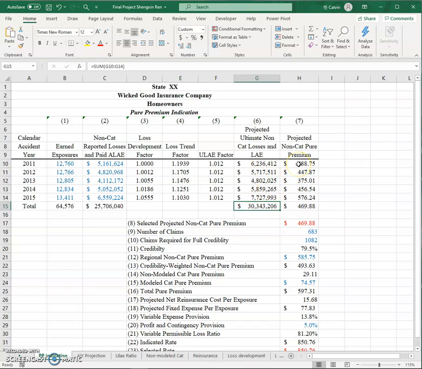For the projected non-catastrophe pure premium, we use the projected ultimate non-catastrophe losses and ALAE divided by the earned exposure. We get the pure premium for each year. And as for this number, we used the total of projected ultimate non-catastrophe losses and LAE divided by the total of earned exposure. So we get our selected projected non-catastrophe pure premium.